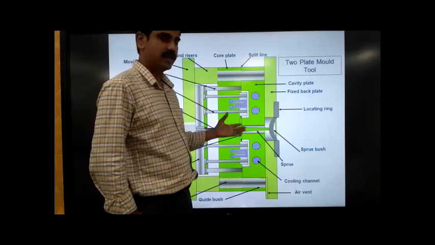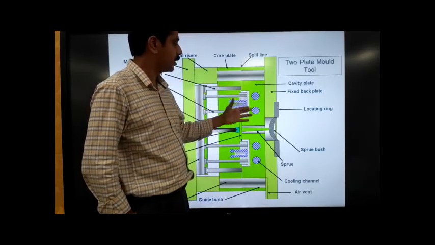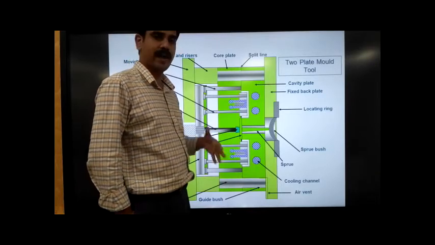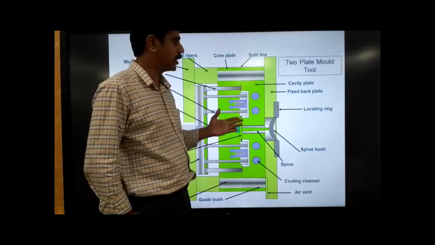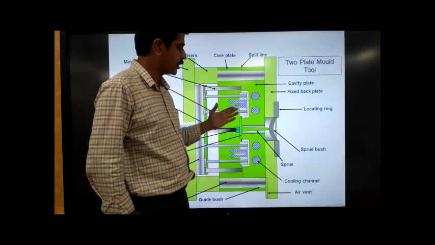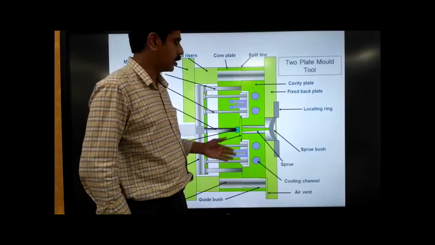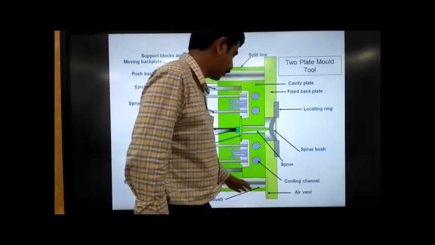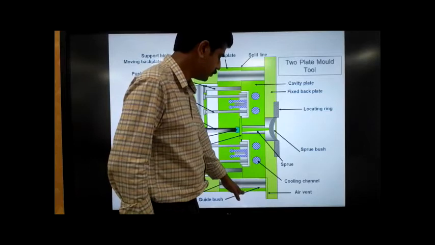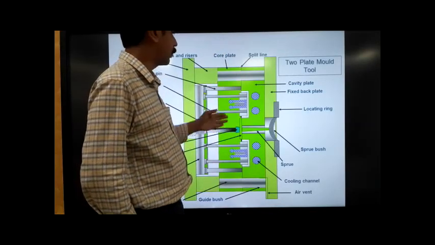So we need to remove the air contained inside the mold, and we need to evacuate it. How is it done? We provide very small channels at the split lines for air to escape, and that provision is known as the air vents. Normally we provide them in the parting surfaces.